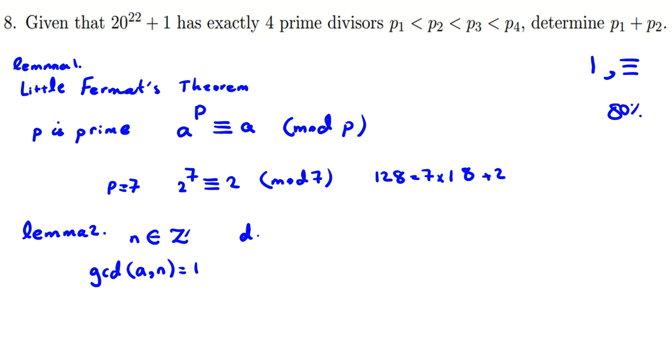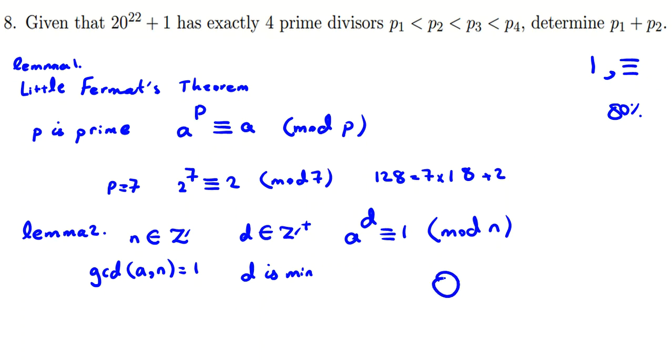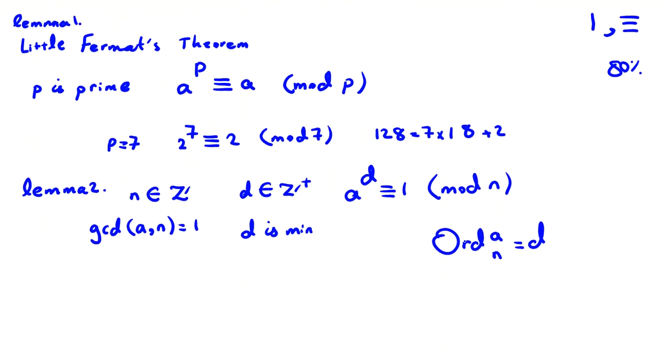Suppose d is a positive number such that a to the power of d is 1 mod n, and suppose d is the minimum positive integer that satisfies this. Then we call d the order of a mod n. This is the definition of order.